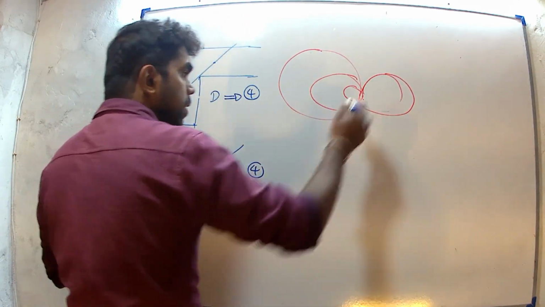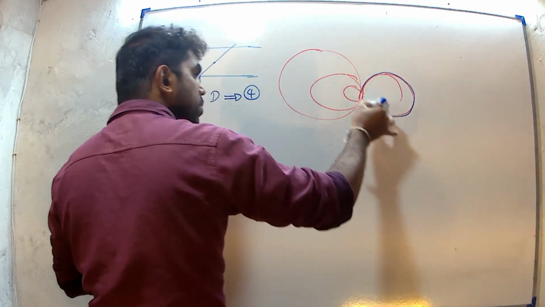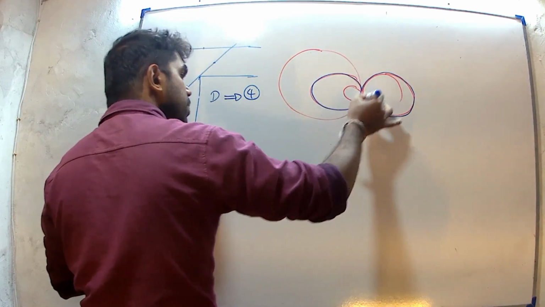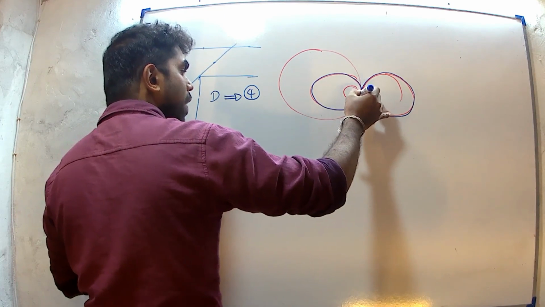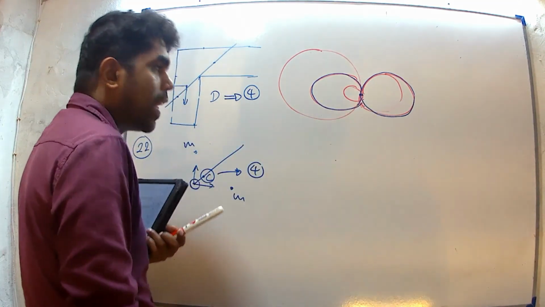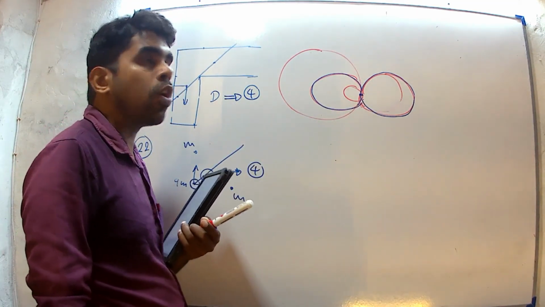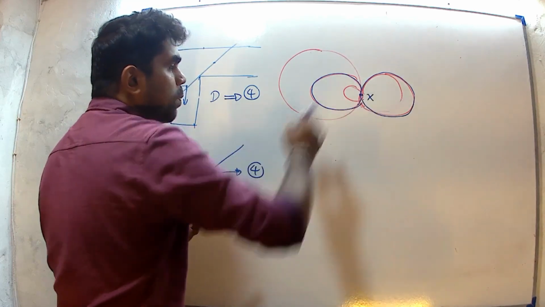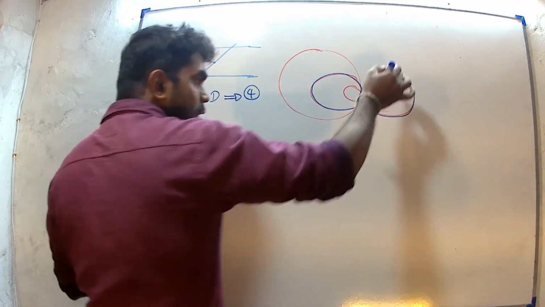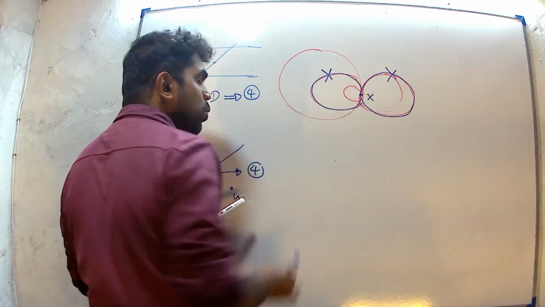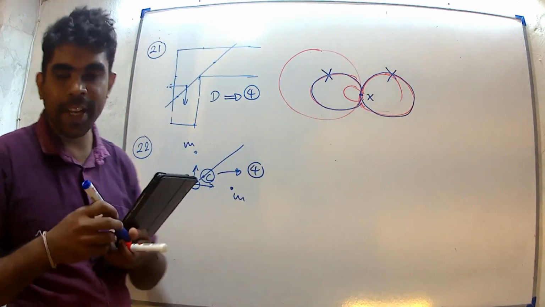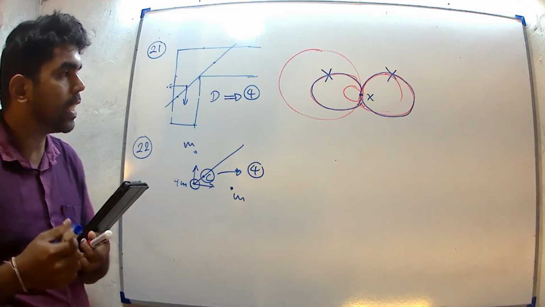When considering this ring and this ring, the center of gravity is not changing. It is at point X. When taking torque around point X, there is no resultant torque due to these two masses, as they are symmetric around the considered point.